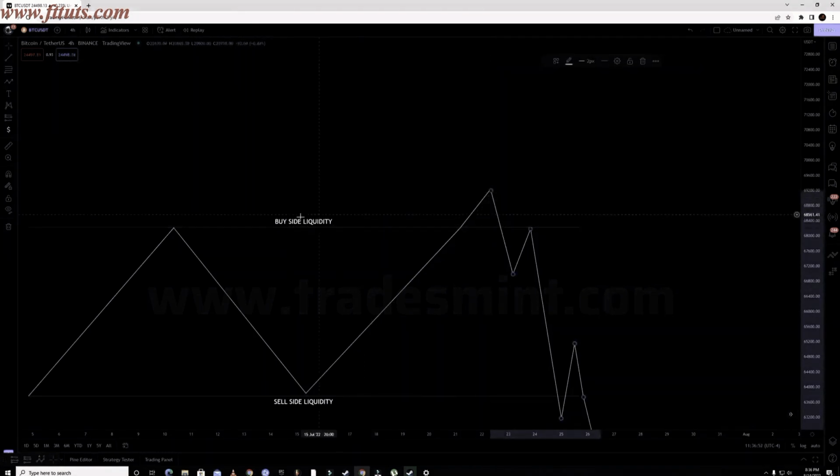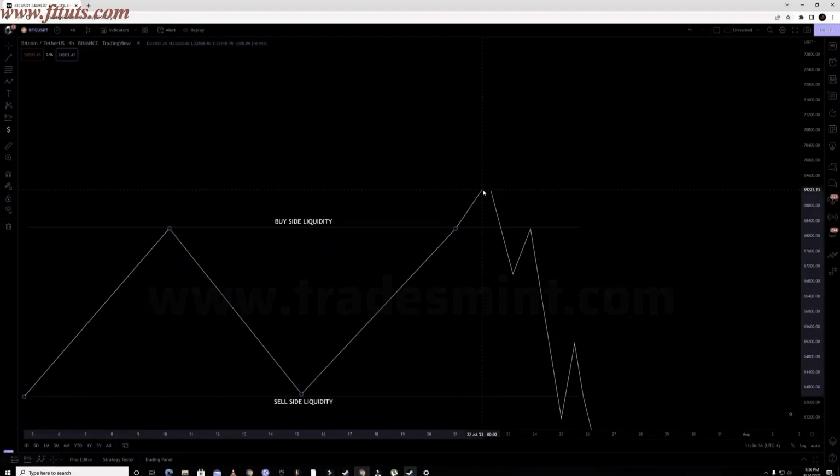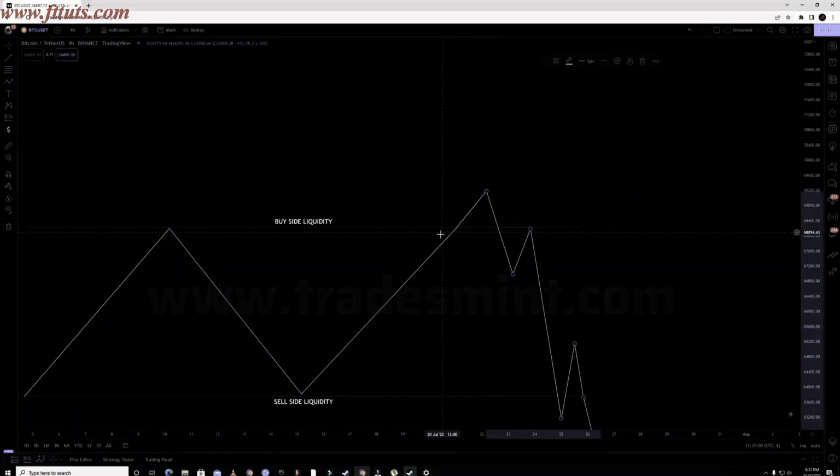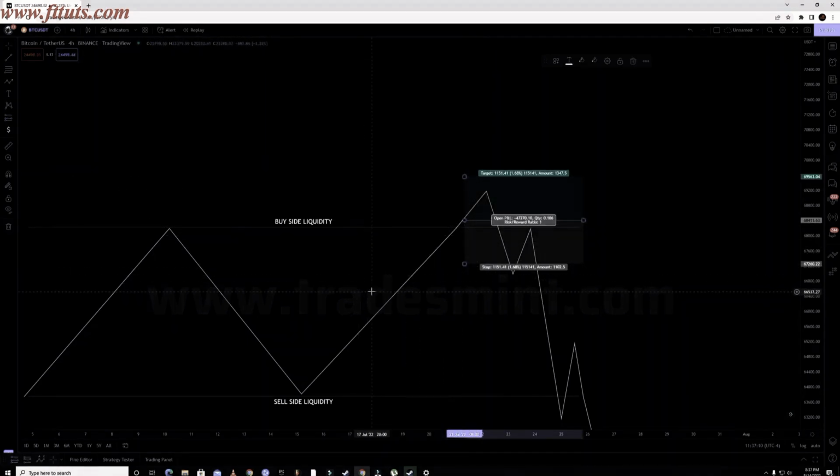But then why am I calling it a buy side liquidity? Let me explain it to you very easily. All right, so when price breaks out, the breakout artists, people who trade breakout patterns, they're gonna buy once the resistance level is broken, right?